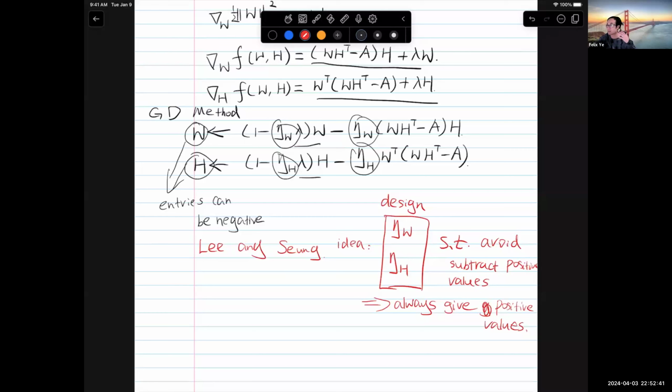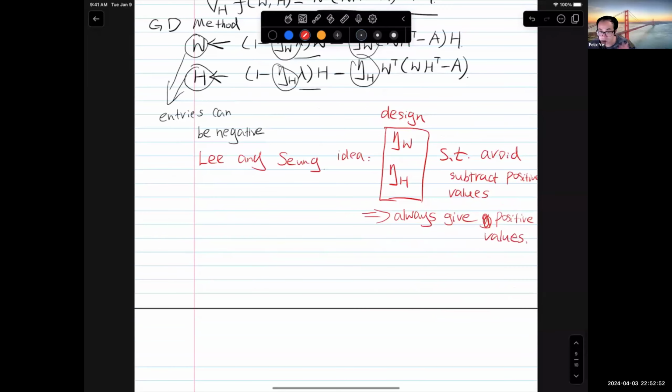Right, so this is a very simple idea. Can we design an eta W and eta H, which is the learning rate, such that we can avoid these subtractions? It turns out we can. So this is something interesting, but it's not that straightforward though. So here is the method.